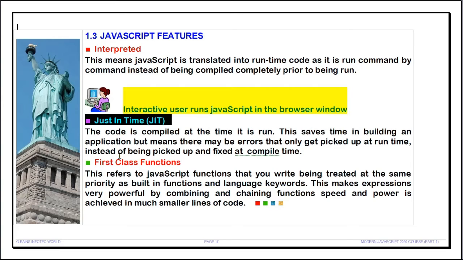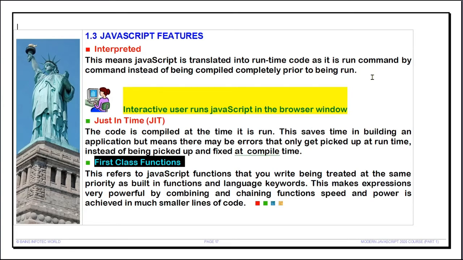In JavaScript, first-class functions are functions that you write in JavaScript, and first-class functions means that the functions that you write on your own are treated exactly the same way, in terms of priority, as built-in functions and language keywords that come in the JavaScript language.